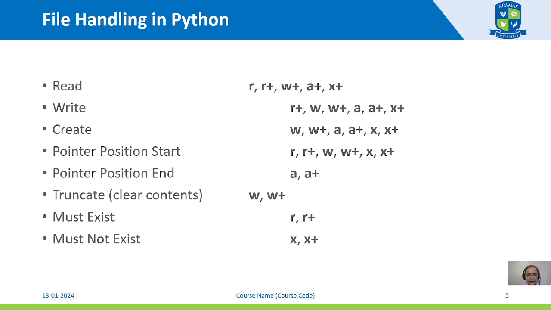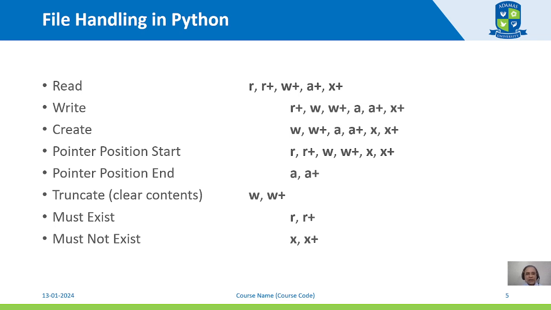Then W plus, both are same, read write. A is same, write mode. A plus, again it is read plus write. X plus, again it is read plus write mode. To create, we use W mode, W plus mode, A mode, A plus mode, and X mode and X plus mode.